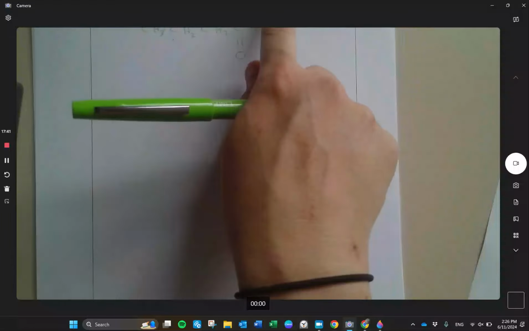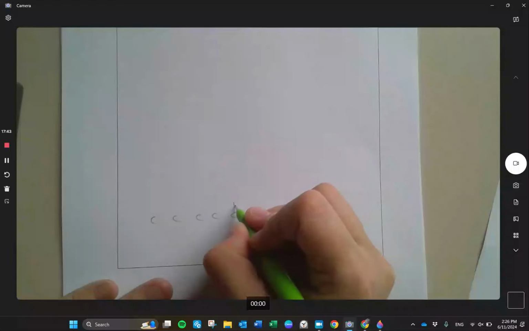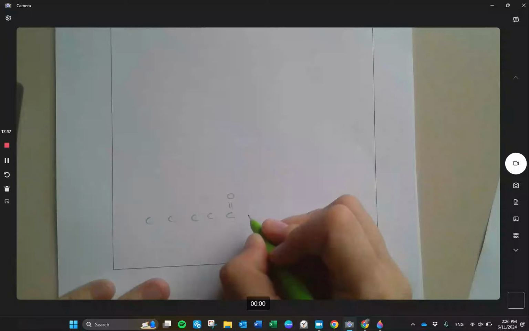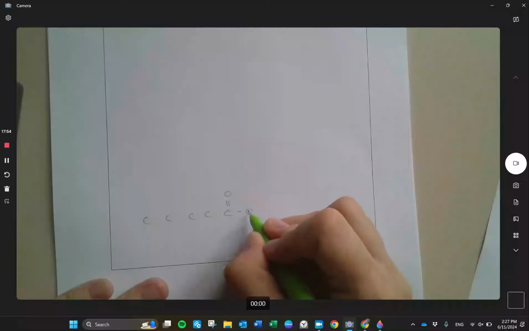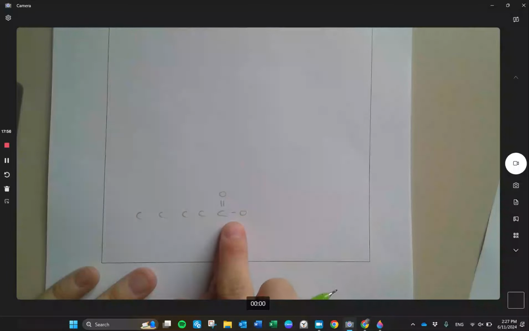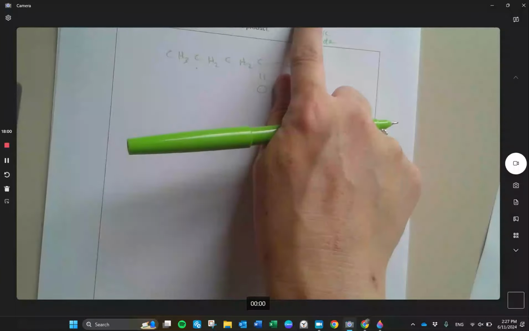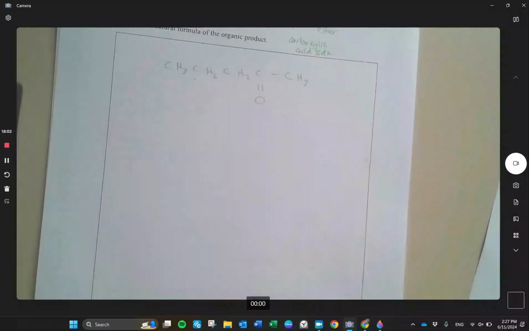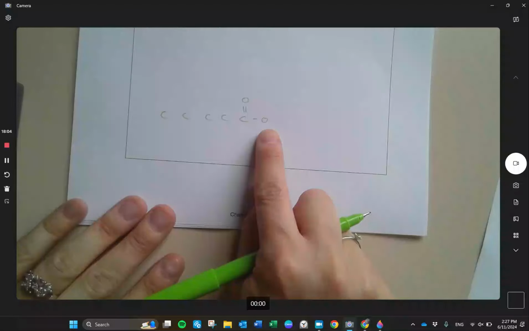Now, if I'm talking about the carboxylic acid component, it has a double bonded oxygen. Now I'm thinking about the ester. For an ester to occur, I need a double bonded oxygen. I need a single bonded oxygen. So now I'm starting to draw my ester here. And then I see that it says ethanoate, so the eth tells me 2. So this is the alcohol component. So that means that there's only 2 carbons after there.